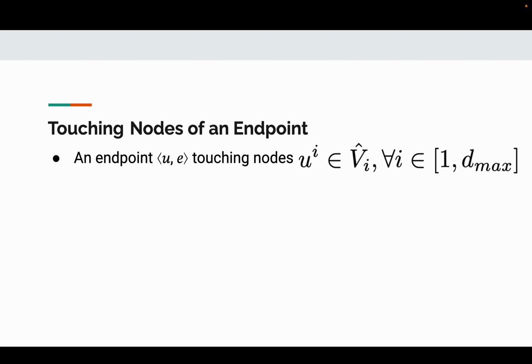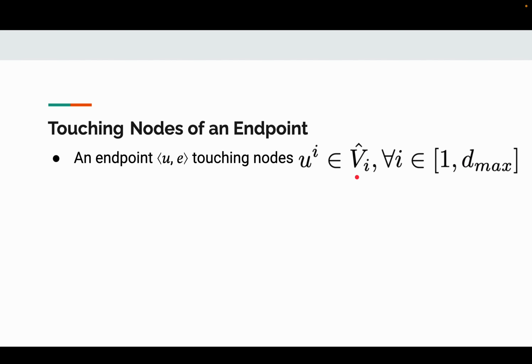And we also define what a touching node is. An endpoint UE is touching a node if Ui belongs to Vi hat. So it basically means that it is associated with the connected components that contain U at various levels in the hierarchy.